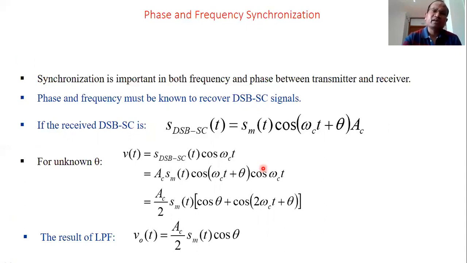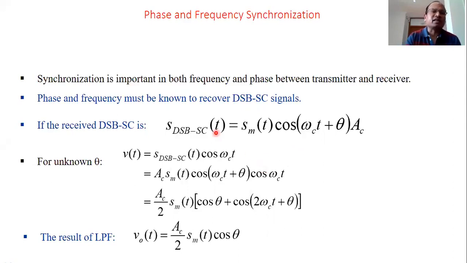The problem is synchronization in DSBSC. What is synchronization? If the frequency and phase change, so that there is no synchronism between transmitter and receiver in terms of phase and frequency, it creates a synchronization problem. Let us understand this.